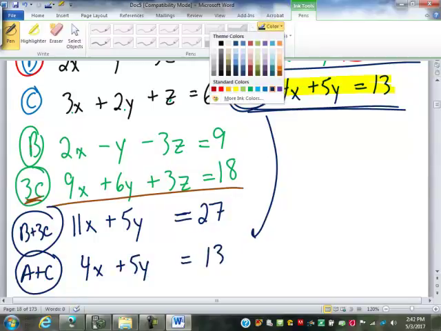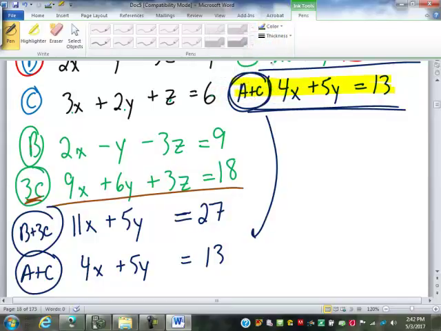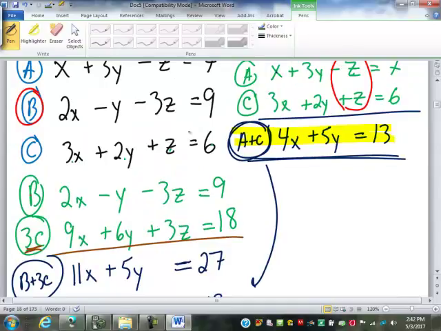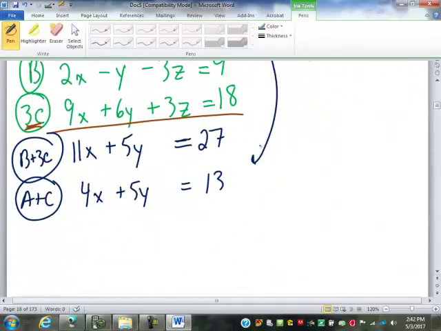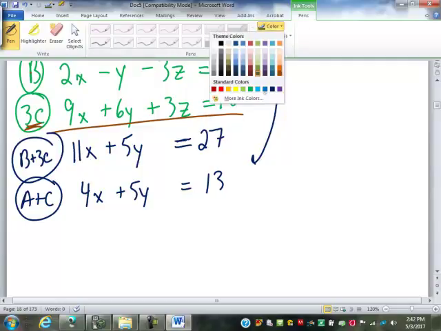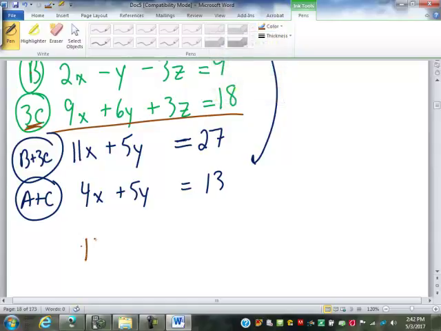Well, looking at this, it's become apparent that I am going to multiply one of those equations by a -1. So I'm going to leave the top equation alone. 11x plus 5y equals 27. I'm going to multiply this one by -1. Why am I going to multiply it by -1?